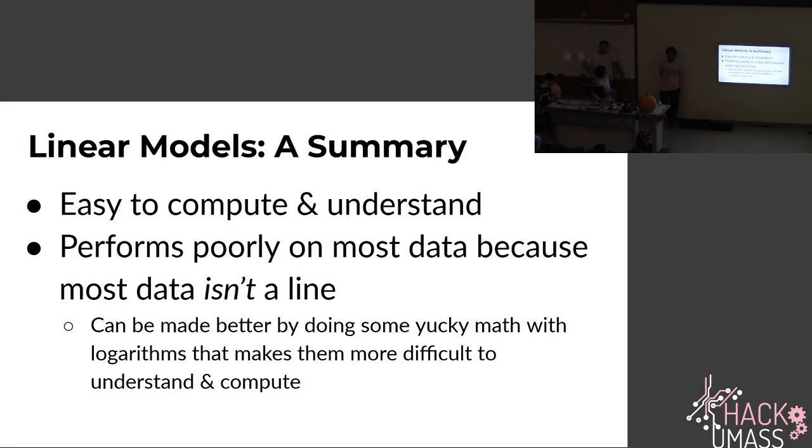So the TLDR of linear models is that they're easy to compute and understand in their basic form, but they don't do well on all kinds of data because we can't model everything with lines. We can make it better with some yucky math, and it doesn't make it more difficult to compute. But the math is yucky, so we're not going to talk about it too much, and we're going to move on.